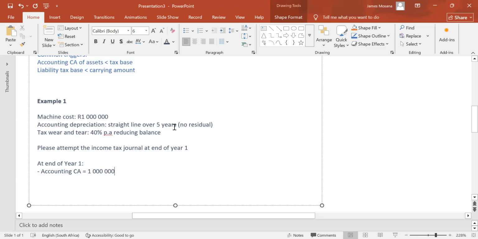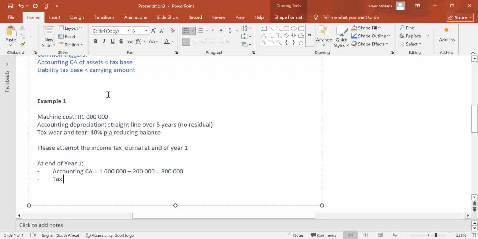If it's 5 years with no residual, it would be 1 million divided by 5, so less 200,000. So at the end of year 1, we have an accounting carrying amount of 800,000.